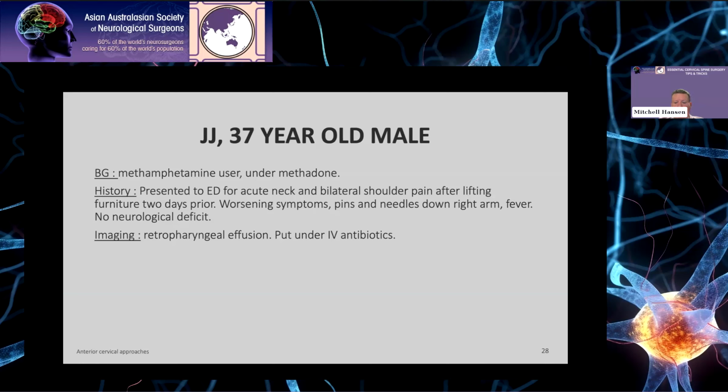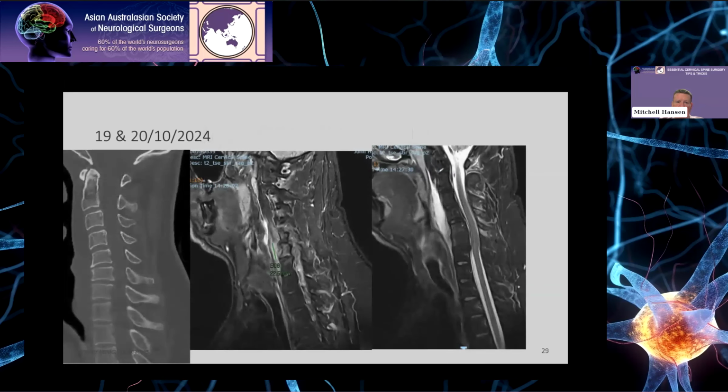The imaging demonstrated a retropharyngeal effusion, and he was put on some IV antibiotics. So this was in October last year, and he demonstrated a prevertebral collection, some osteomyelitis, and he was treated with IV antibiotics.